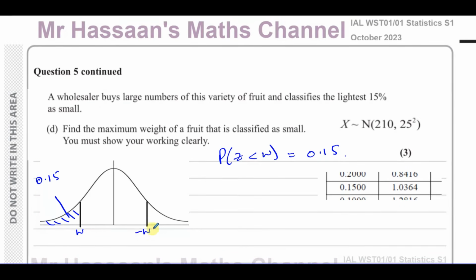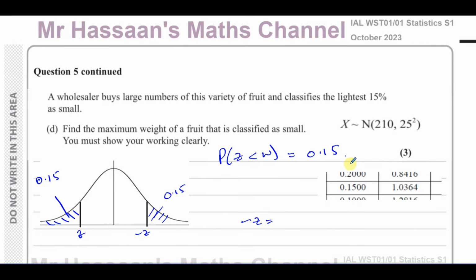So I'll put a minus here. It's the opposite sign of this value, such that the area to the right of this is 0.15. I'll call it z because it is the actual z value, the z value we're finding, and that's the opposite sign. So minus z is going to be here.